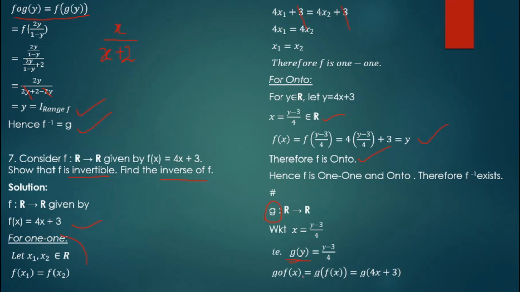So gof of x is equal to, we know that we have to find gof as well as fog. So gof of x is equal to g of f of x. What is f of x? 4x plus 3. So g of 4x plus 3.